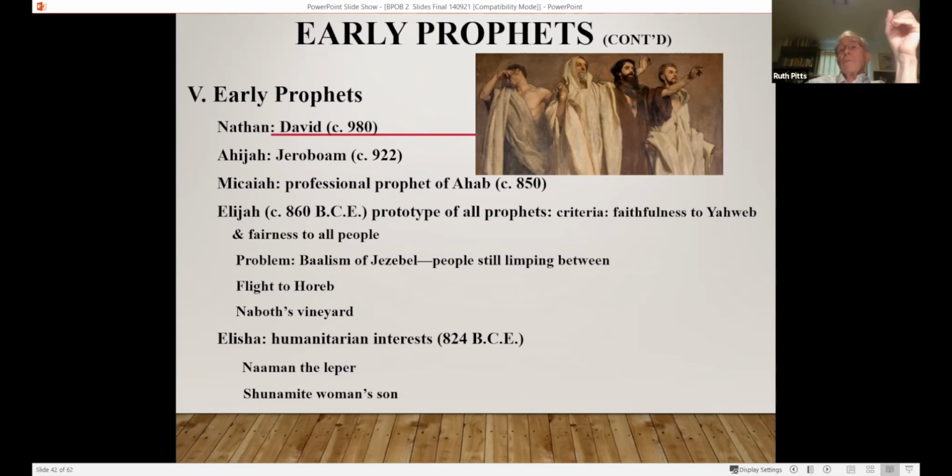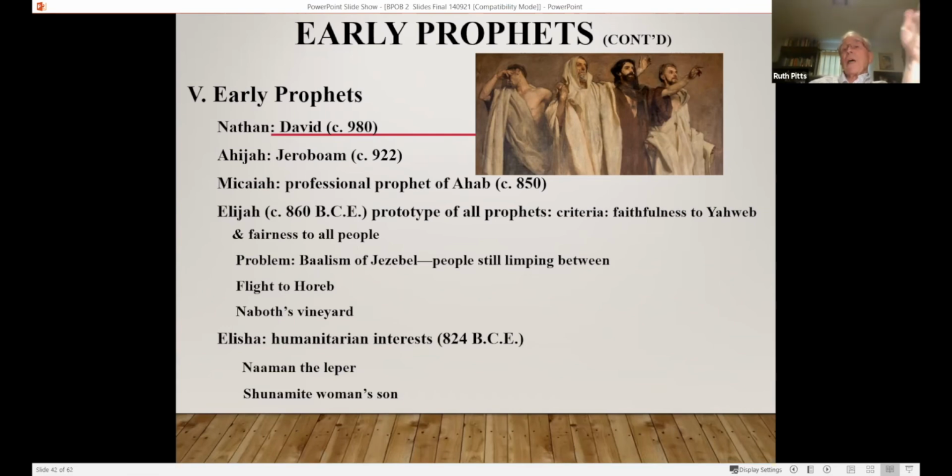So the problem that he faced here is the Baalism of Jezebel. She came from Phoenicia, where they worshiped this Canaanite Baal. And he says, how long will you people go limping between worshiping Yahweh, worshiping Baal, worshiping Yahweh? Make up your mind. And of course, you remember the very dramatic calling on God to witness the truth.